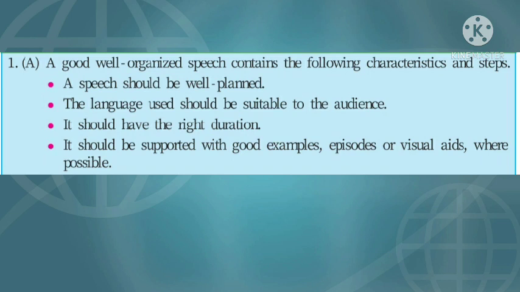It should be supported with good examples, episodes, or visual aids where possible. So these are some of the characteristics and steps of a good, well-organized speech. So while writing or delivering any speech, we have to consider all these points, all these steps, all these characteristics given here.